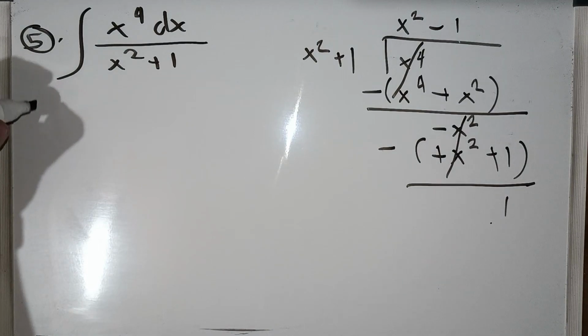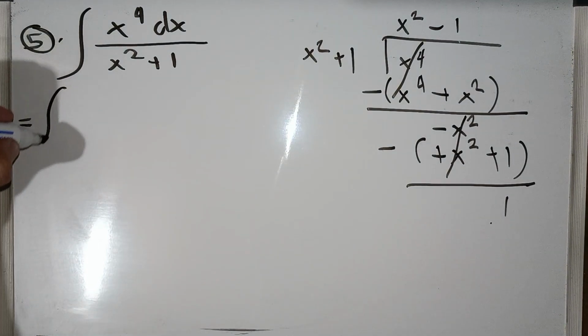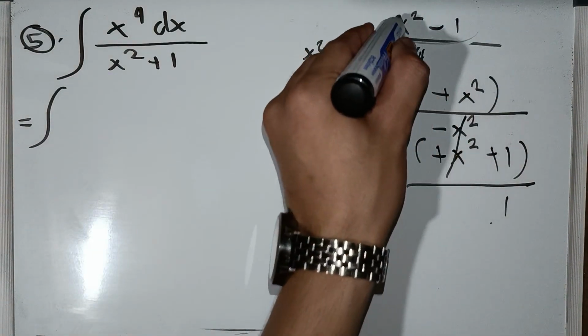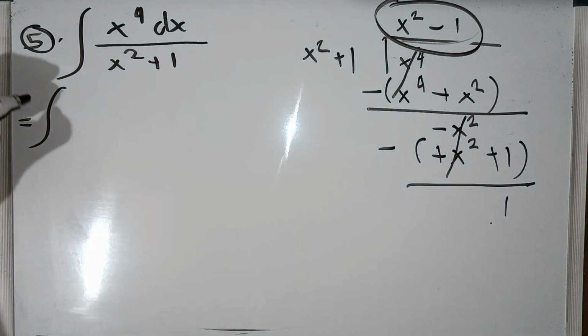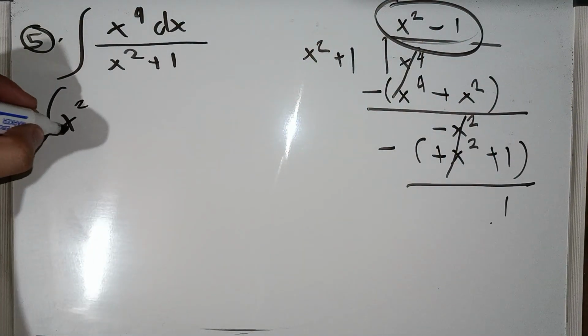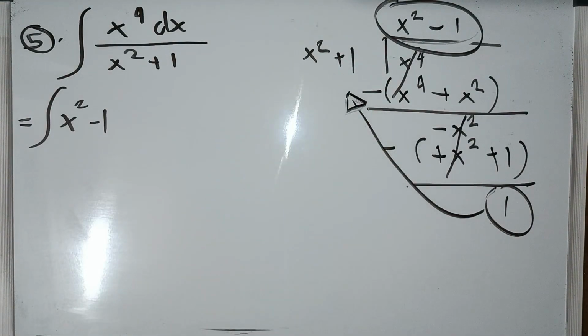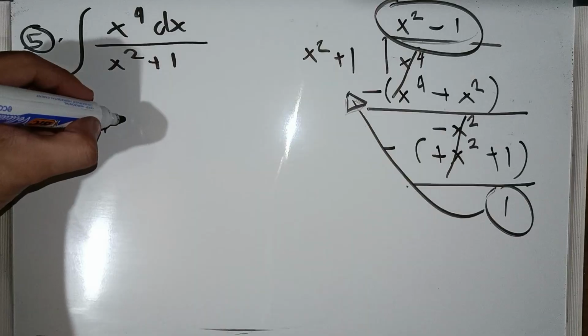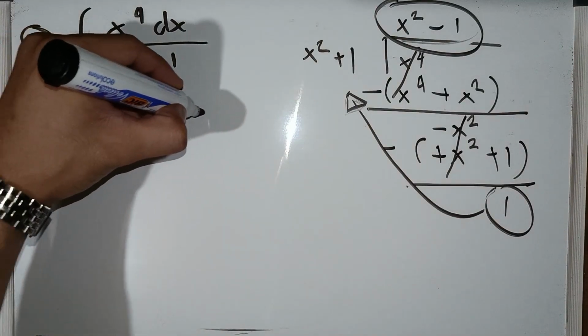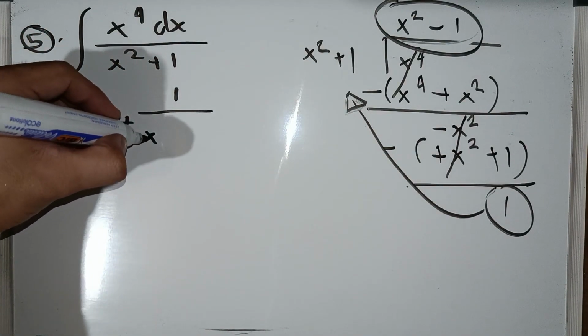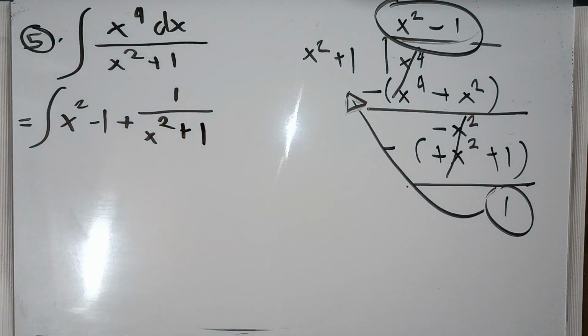Let's proceed to integration. So it's equal to the integral of x squared minus 1 plus this all over this, so plus 1 all over x squared plus 1.